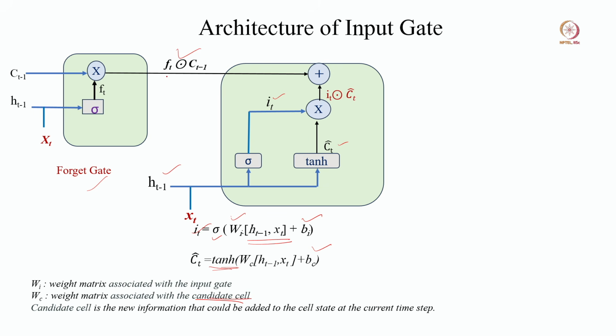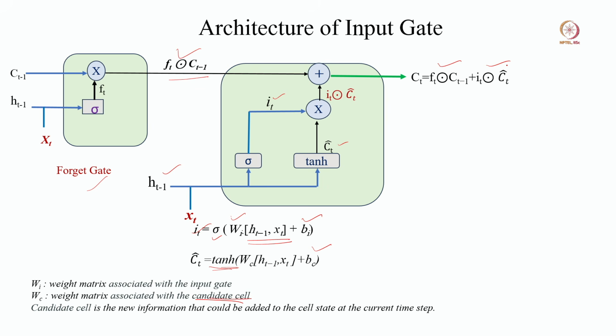The element wise multiplication between ft and Ct minus 1 goes from the forget gate and gets added in the input gate's operation, and what we get as the output from here is Ct equal to ft multiplied with Ct minus 1, which is coming from here, plus it multiplied by Ct hat.